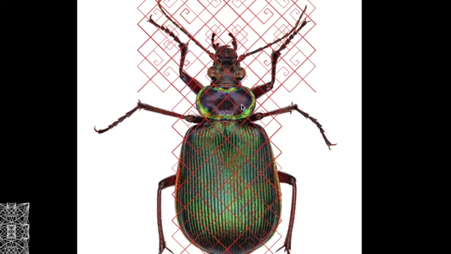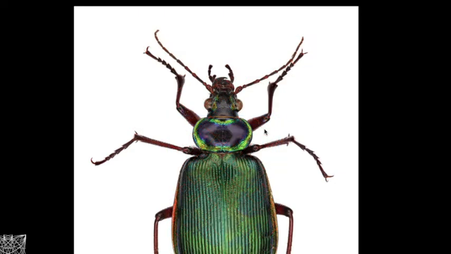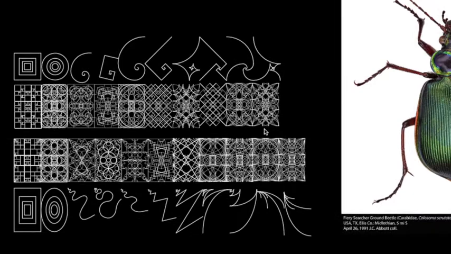Put a line right there, put a line there, almost a line there, a line there. That's insane. That one's going directly up there. That's crazy. Those spirals right on that joint. Gosh, do I even need to do anything else? That's hugely successful. Okay, yeah, linear phi spiral map. This beetle is a linear phi map for sure.